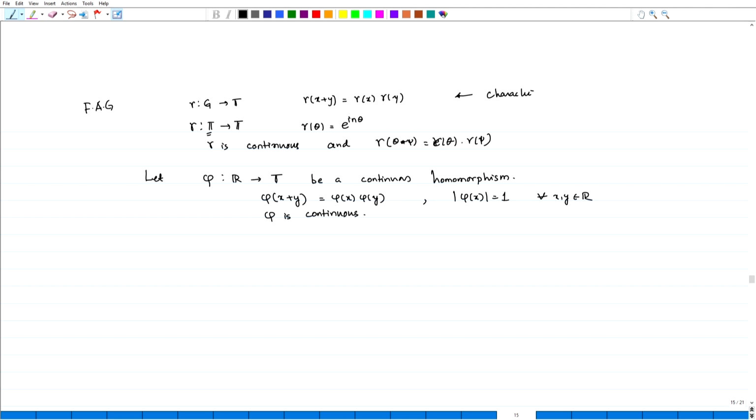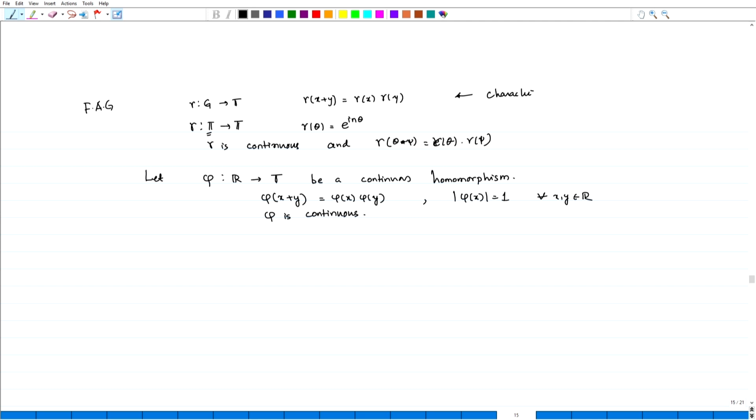Therefore, now we would like to see how such maps from R to T, which are continuous homomorphisms, will look like.